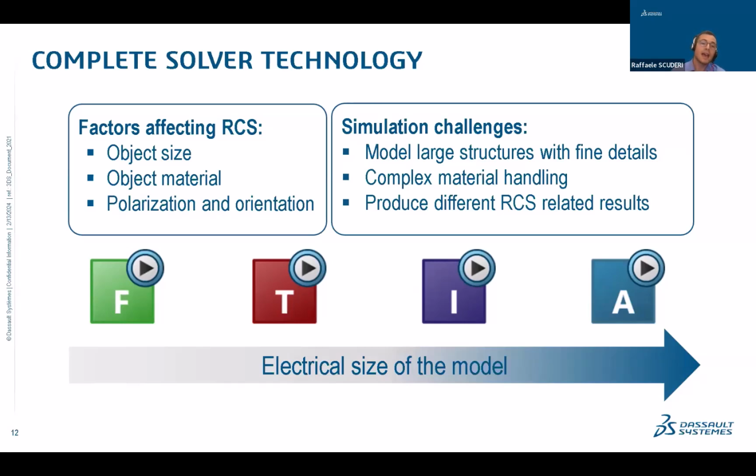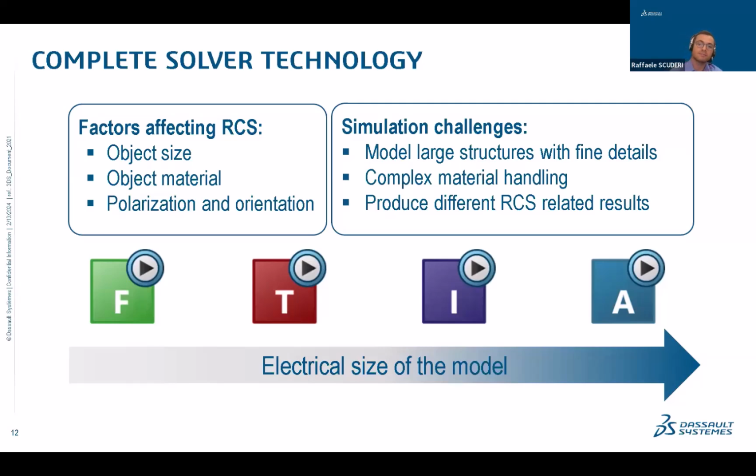What we call the F solver, which is a finite element method-based solver in frequency domain. We have the time domain solver, which is actually not a single solver, but a family of two different methods, FIT and TLM. Then we have the integral solver, which is a BEM method, and then we have the asymptotic solver when the model becomes really, really big compared with lambda, or when the frequency becomes actually very, very big, if you like.